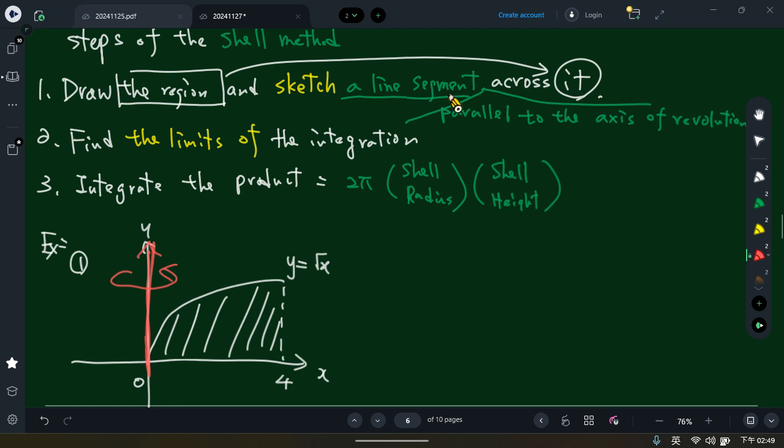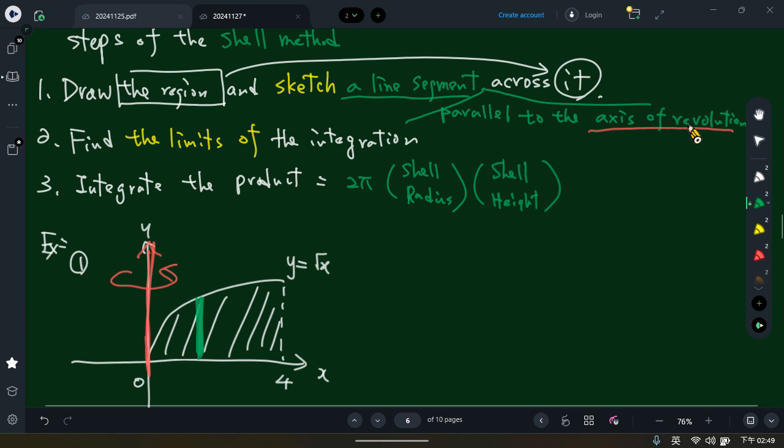用一个线段去穿越这个 region， 但是这个线段要怎么样？平行于旋转轴。So the line segment will just lie here. This is the line segment. Did you notice this line segment is parallel to the rotation axis or axis of rotation, right?